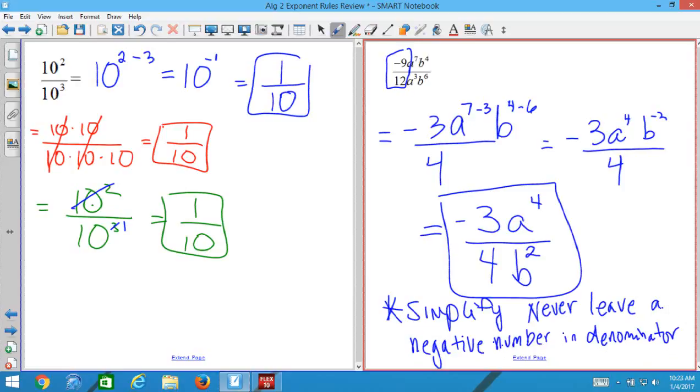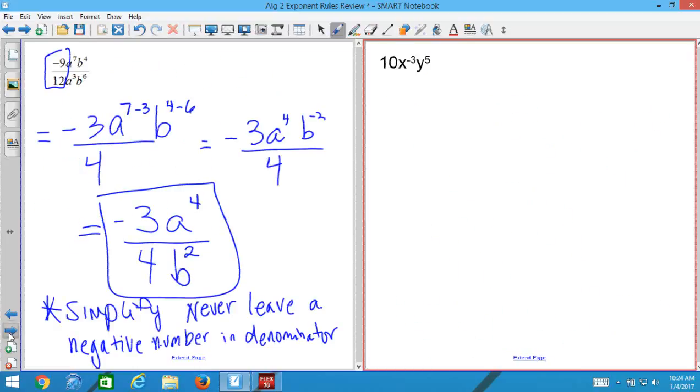So this, it didn't happen for this one, but I know it happens in your homework. So I'm just putting it out there. And if you get to that point and you don't know how to get rid of the negative in the denominator, ask me, I will help you. Here, we have a negative in the numerator, it's fine. If the 4 was negative, it would not be okay. It would not be okay.